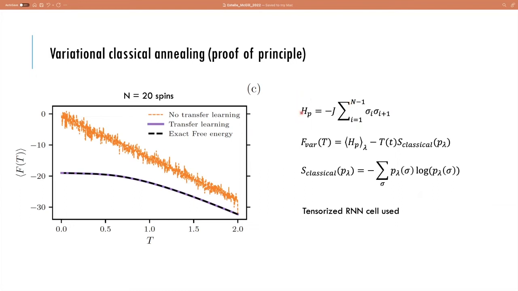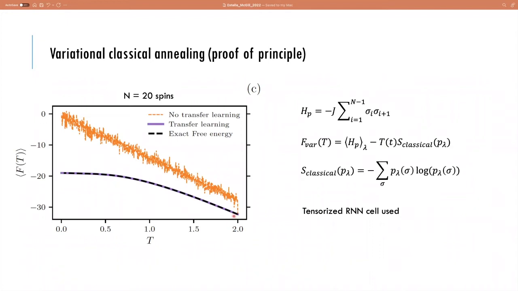On the Ising model, we are trying to find the ground state of this vanilla model, the standard model that people typically use in condensed matter to benchmark things. And this is the variational free energy expectation value over the samples that are generated with your RNN here, minus the time-dependent schedule, and you have your entropy term here that is given by this.